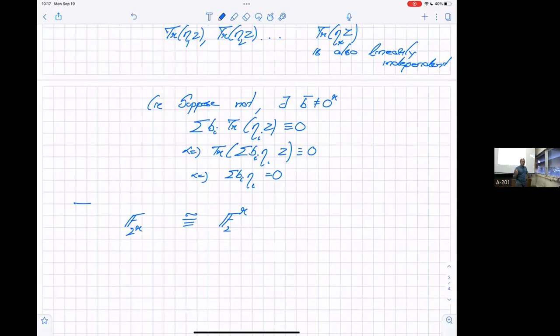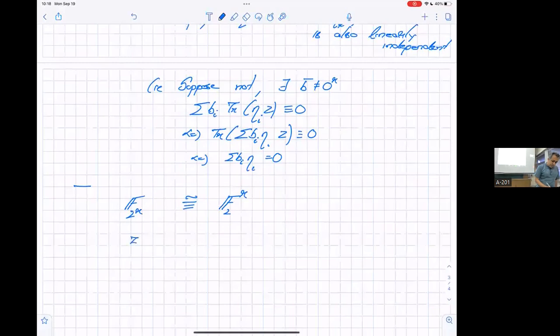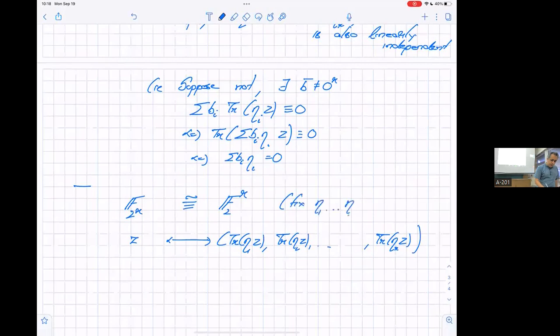And I want to claim there's one very nice basis in which I take an element Z here and map it to trace of eta 1 Z, trace of eta 2 Z, ..., trace of eta r Z. So let's fix some eta 1, eta 2, ..., eta r.